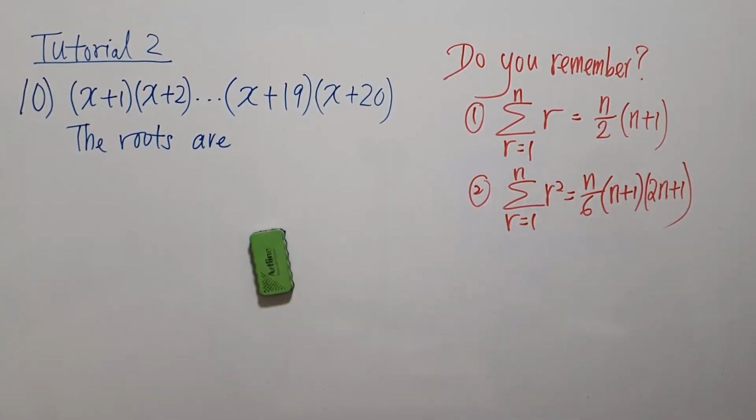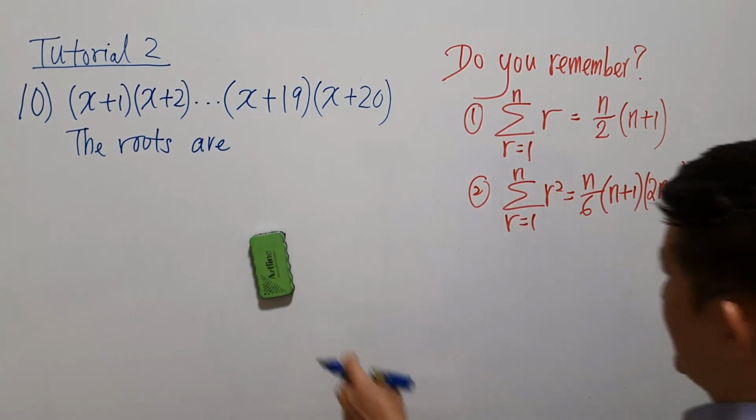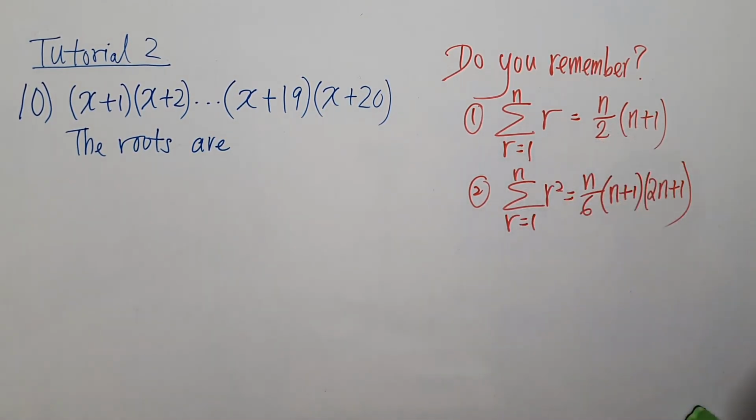In question 10 of tutorial 2, you are first presented with an expression, and this expression, if you were to expand it very quickly, you'll realize that it's just a polynomial of degree 20.